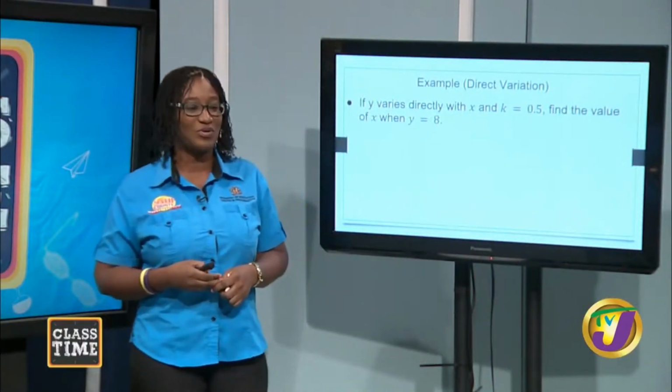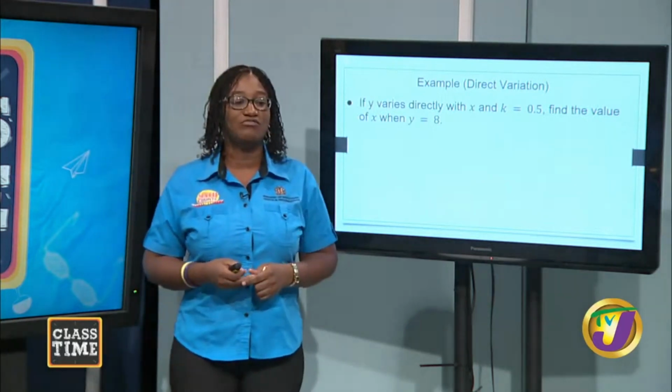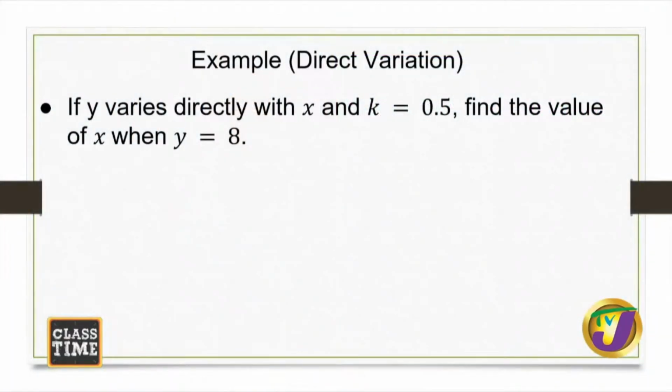So let's look at this one quickly. If y varies directly with x, and k is equal to 0.5, we must find the value of x when y is equal to 8. Richard, I'm noticing here that the value of k has been given, and we also have a value for y. We would have learned this symbol earlier, that y is proportional to x.